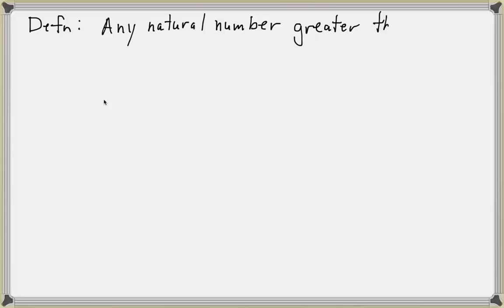So here's our definition of a composite number. Any natural number greater than 1 that is not prime is called composite.